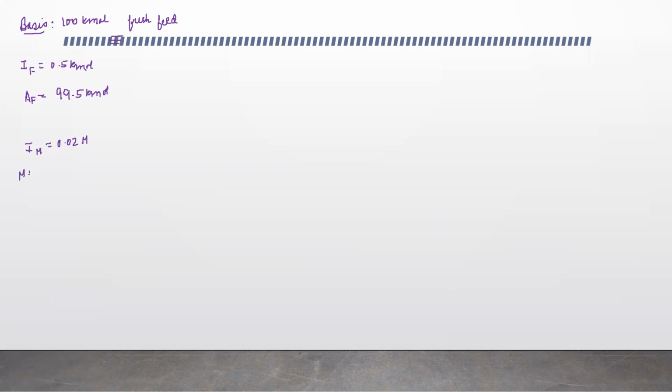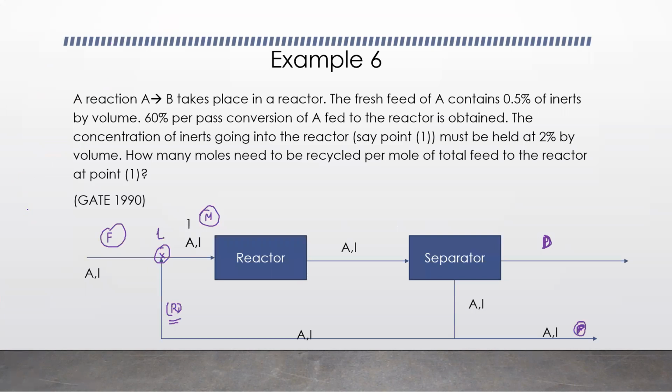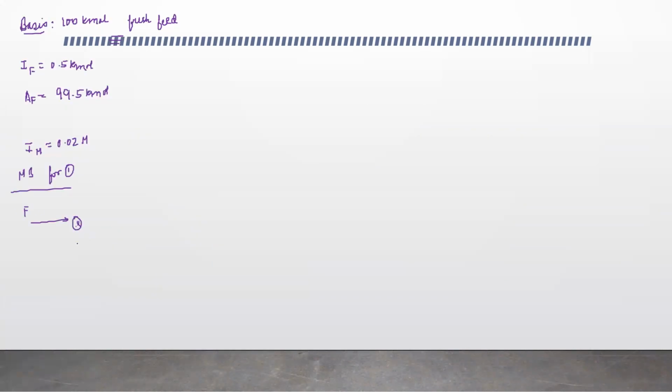When we do that, over here in 1, you can see you have F coming in, you have R coming in, and you have M going out. So F plus R is equal to M. This is the material balance equation. F is 100. So you will get M is equal to 100 plus R. Once you get this, you'll get I in M is equal to 0.02 into 100 plus R.